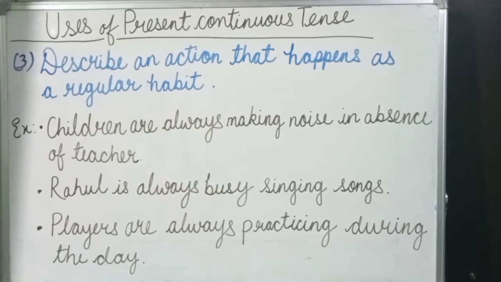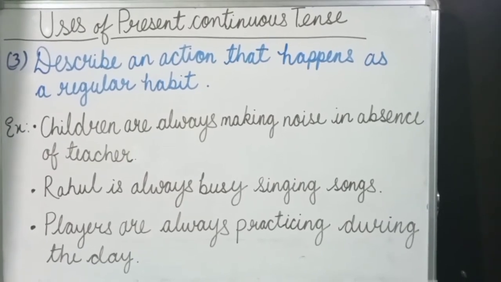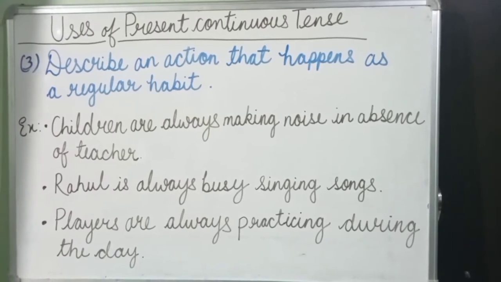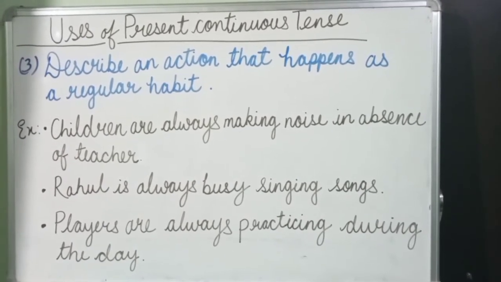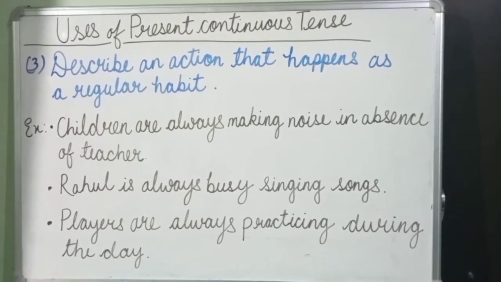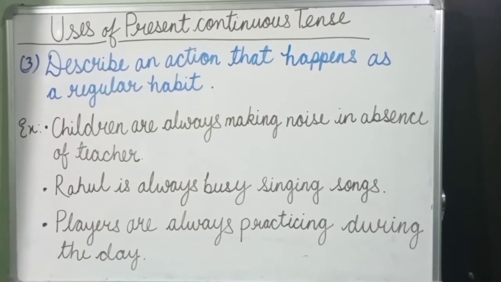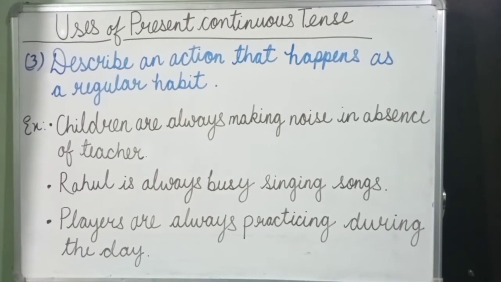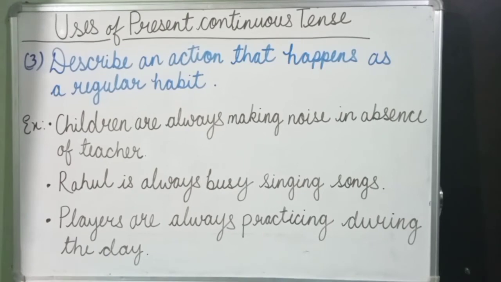Use number 3. To describe an action that happens as a regular habit. Here, we talk about things that one does very frequently or it's a habit. For example, children are always making noise in absence of teacher. That's correct.